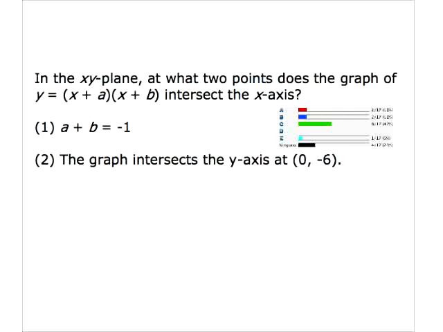The problem is asking for 2 points here. So it's a find-the-values question. Actually, it's plural this time. The question is asking what are the 2 points?